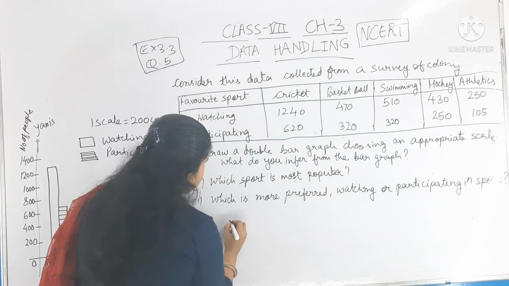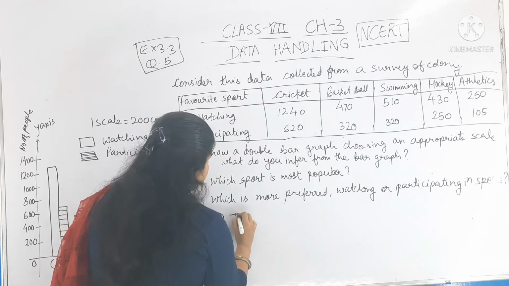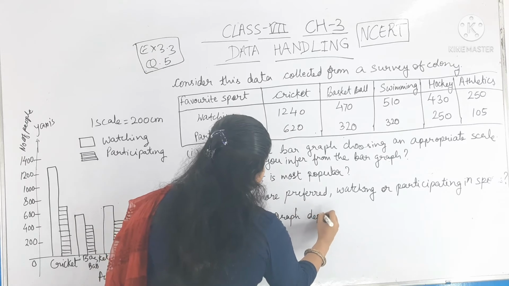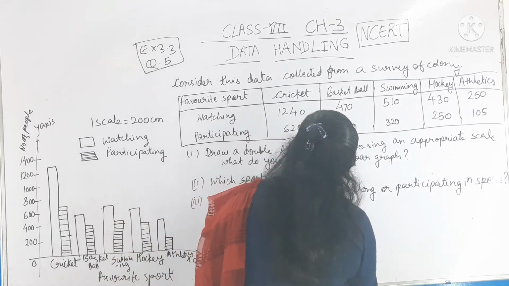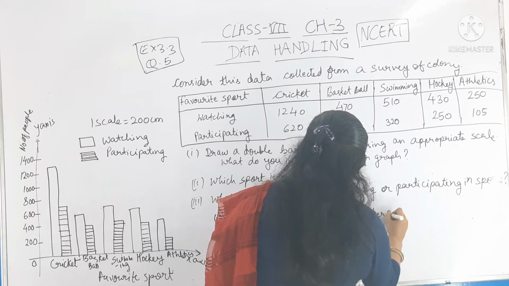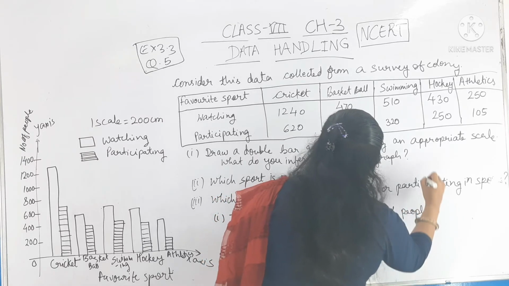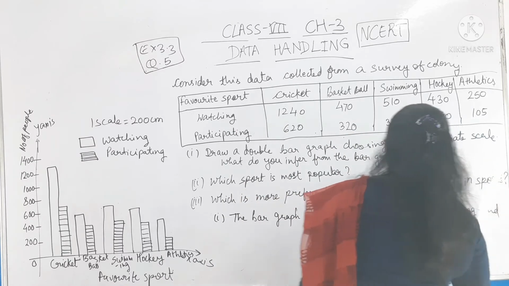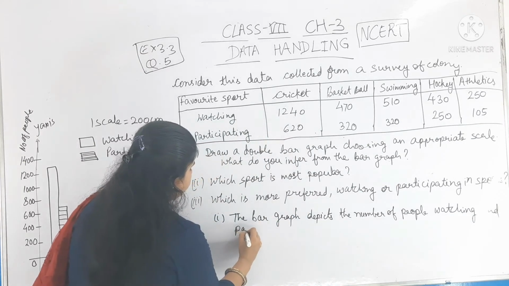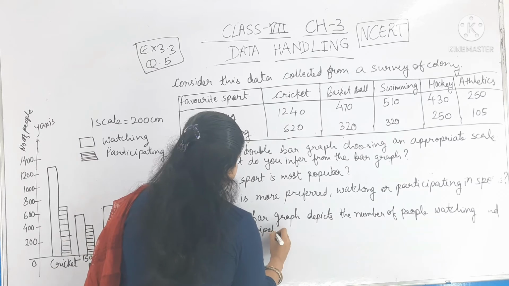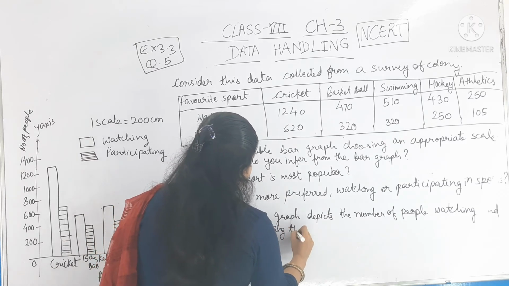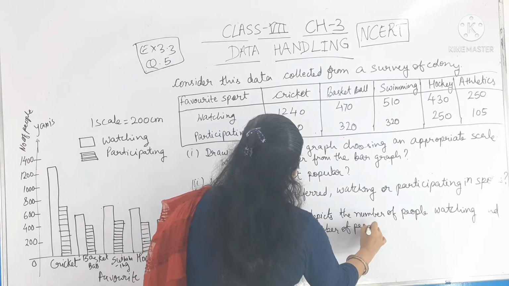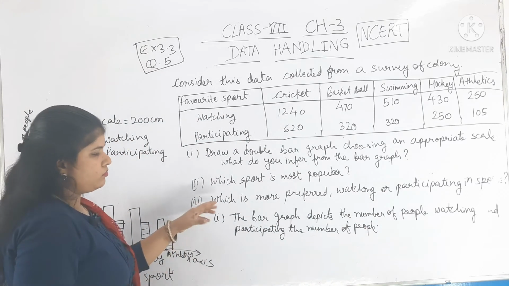Okay, so the first answer is: the bar graph depicts the number of people watching and participating. Okay, now come to the second part.